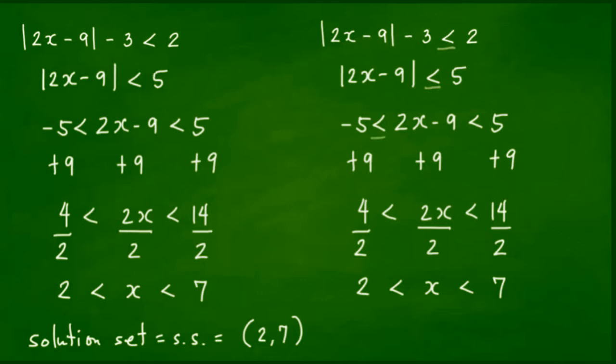So you have less than or equal to throughout, and our solution set will be, instead of the open interval (2, 7), the closed interval [2, 7].